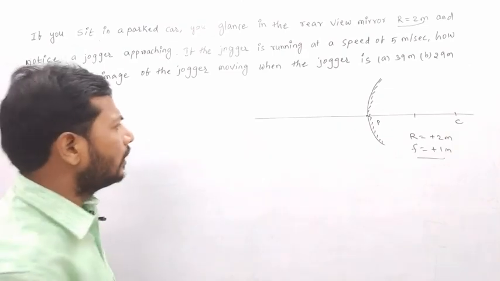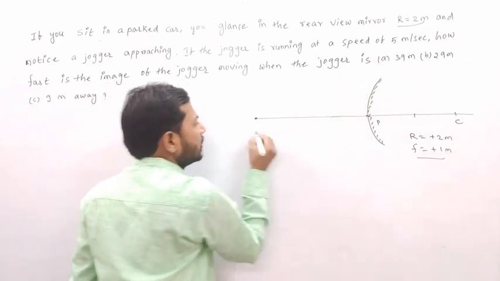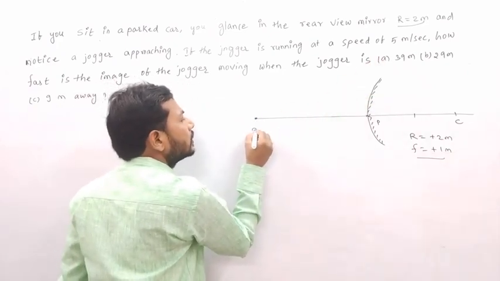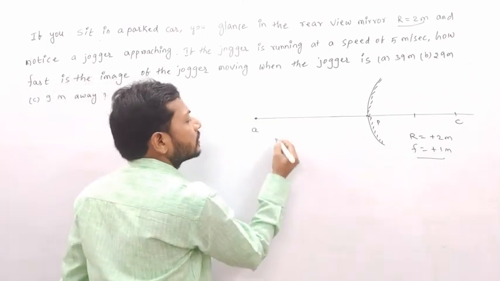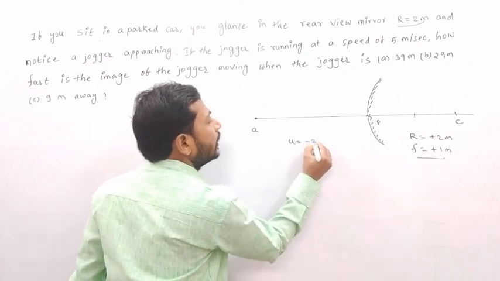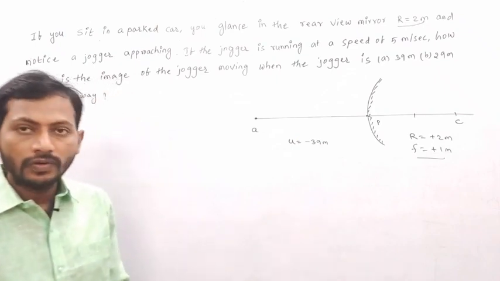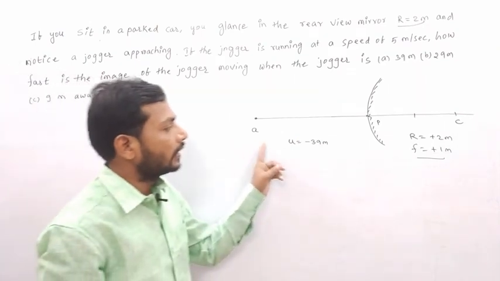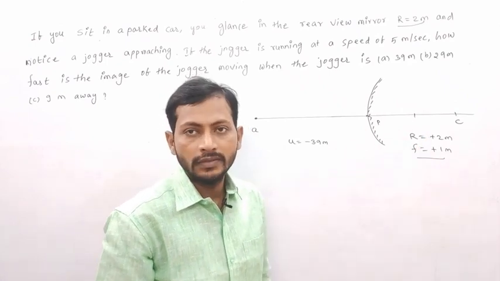Just imagine the person is at this location, which I take as position A. The person is here, so u equals minus 39 meter, on the left side. Clear? Very good. If the person is at 39 meter, we see one image.